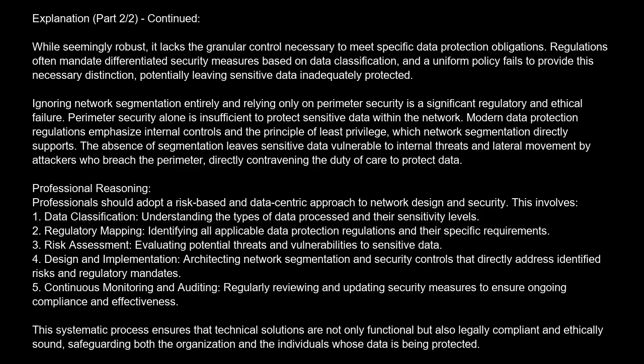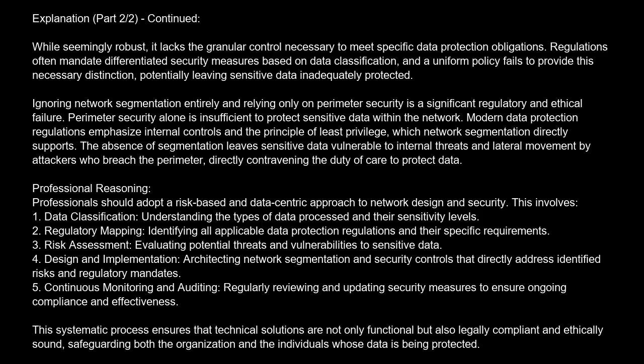Professional reasoning. Professionals should adopt a risk-based and data-centric approach to network design and security. This involves 1. Data classification, understanding the types of data processed and their sensitivity levels. 2. Regulatory mapping, identifying all applicable data protection regulations and their specific requirements. 3. Risk assessment, evaluating potential threats and vulnerabilities to sensitive data. 4.